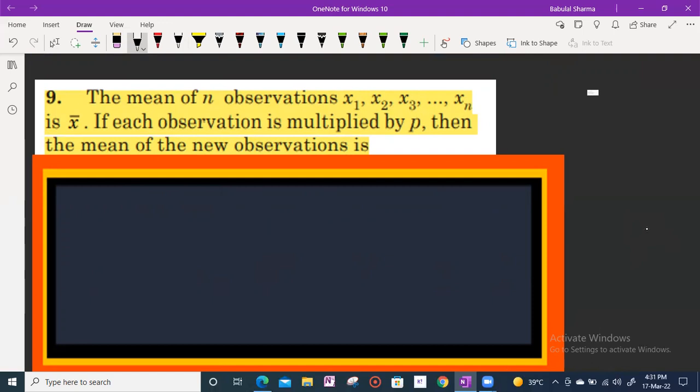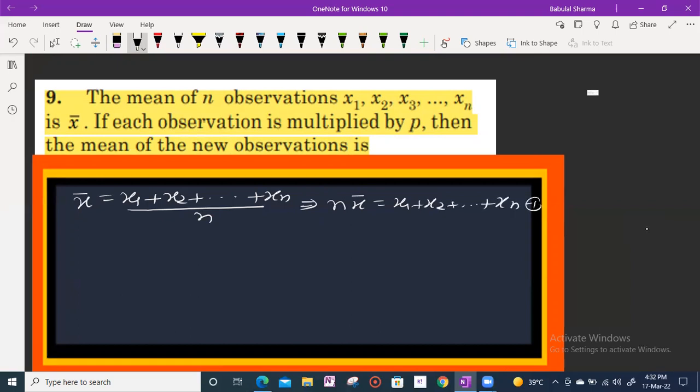We know that mean is given by sum of all observations, x1 plus x2 plus xn divided by n. Right? So we can say, on further simplification, we can write here n x bar is equal to x1 plus x2, and last observation is xn, that is 1.